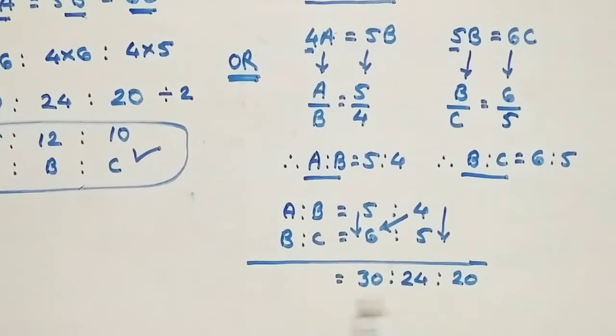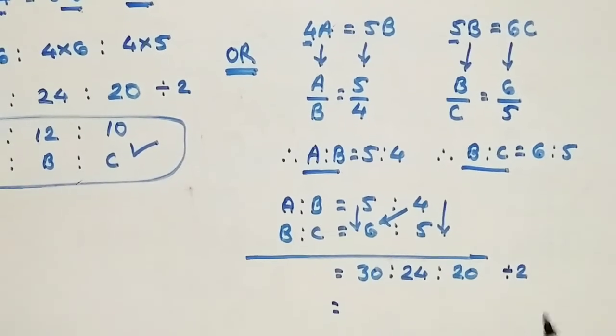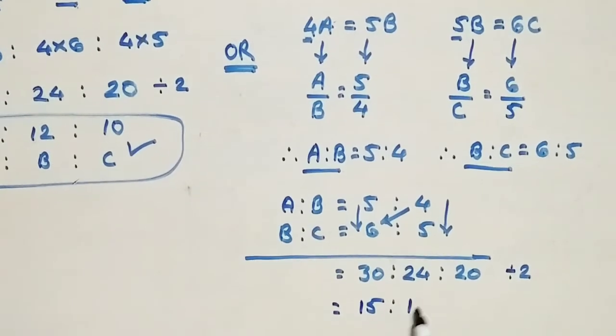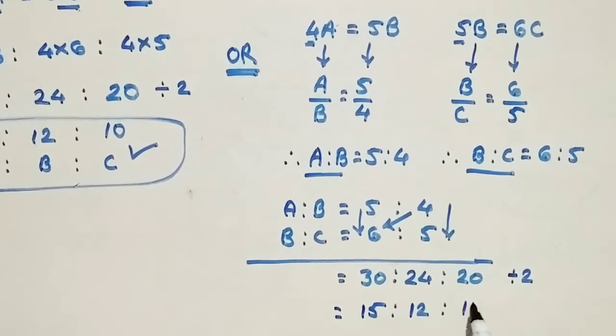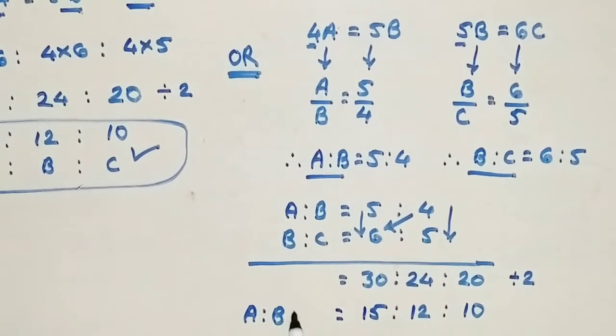So these three terms are divisible by 2. So 15 2s are 30, 12 2s are 24, 10 2s are 20. So that is our answer.